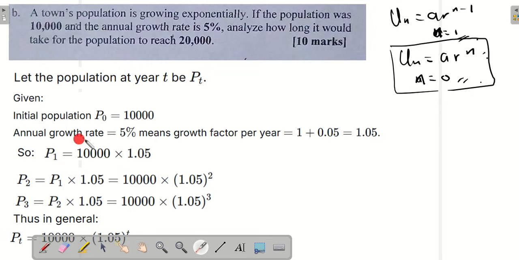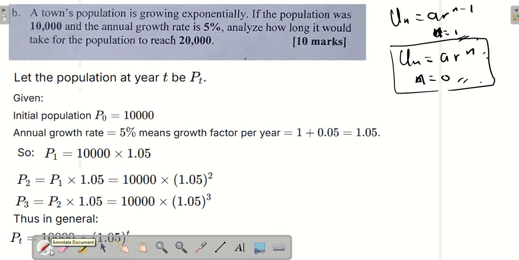Now we know that the annual rate was given in the question as 5%, which means that the growth factor per year is equal to 1 plus 0.05, which is this. This is going to be the common ratio. Now in the question, you were given 5%. The 5% is not your common ratio. Students make this mistake. The common ratio is always 1 plus that. Let me explain why.